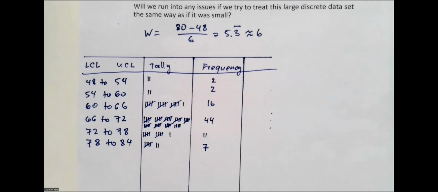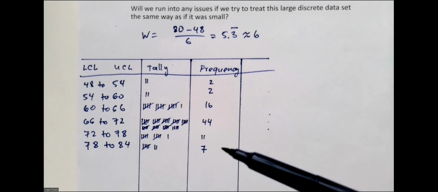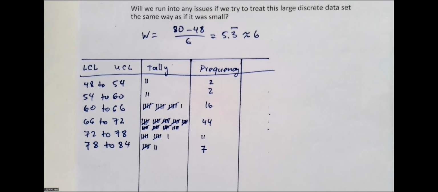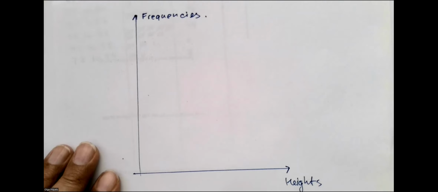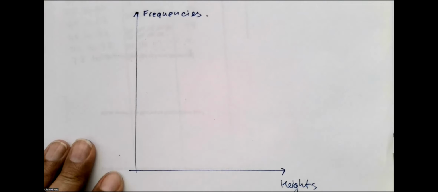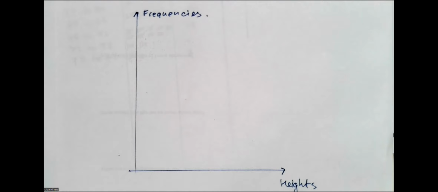So here's my completed table. All right, so I have my groups and I have my frequencies. So now in order to graph this distribution, I'm going to create a system of coordinates where, again, I have heights on the x-axis and the frequencies or relative frequencies on the y-axis.